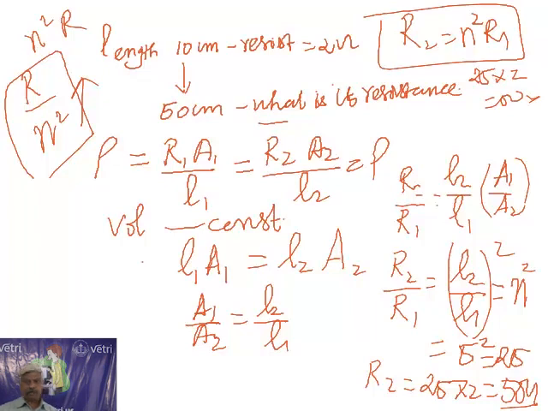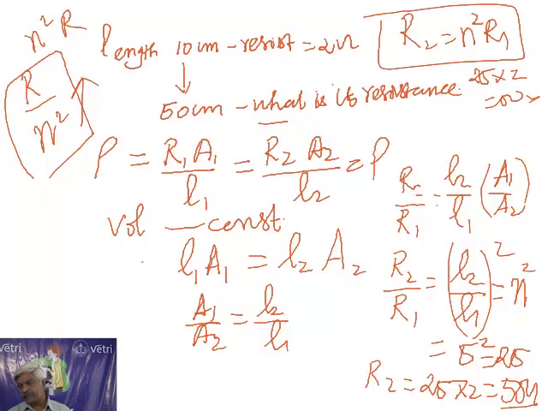The reverse problem comes. So you have to keep in mind, as far as Ohm's law and resistance problems are concerned, regarding specific resistance: when the wire is extended, its specific resistance is the same. Even if the wire is contracted, its specific resistance is the same, because specific resistance depends only on the material.